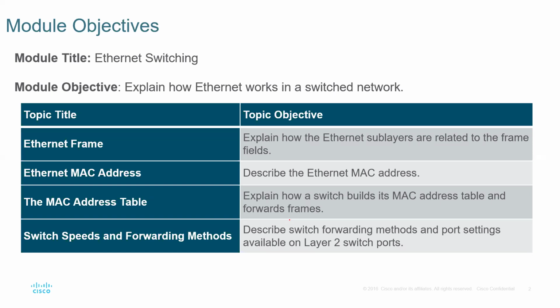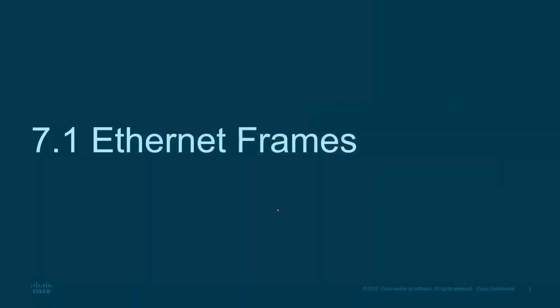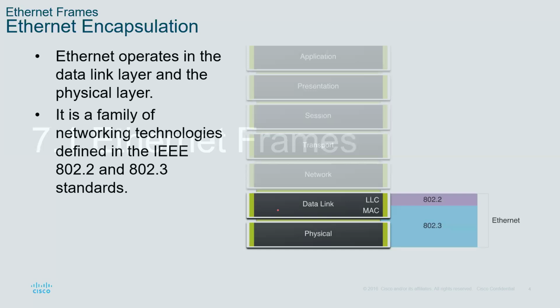Then we'll be looking at switch speed and forwarding methods. There are certain types of methods that the switch uses when it forwards frames, so we're going to be looking at that as well. So let's look at Ethernet frames.